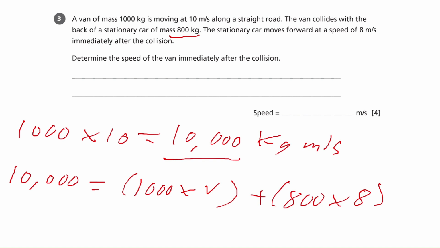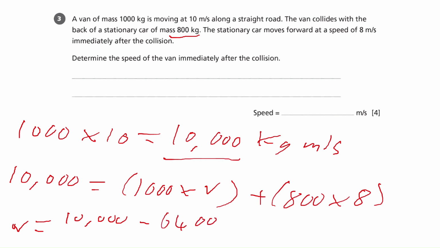So what we now need to do is rearrange this equation to give us the velocity. So we can do V equals 10,000 take away 6,400.